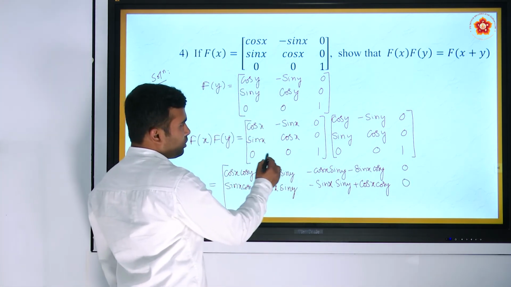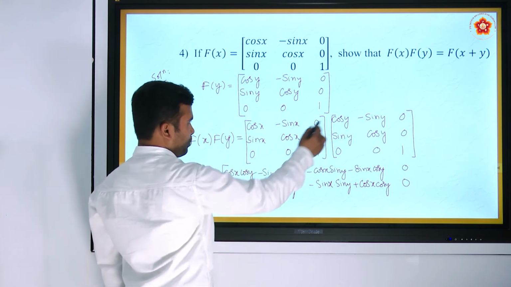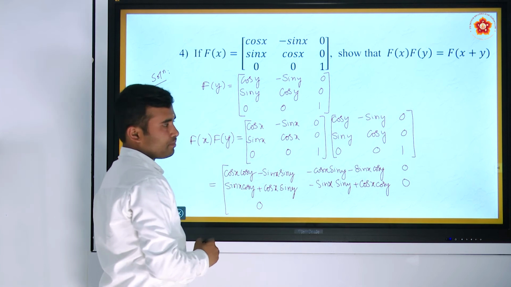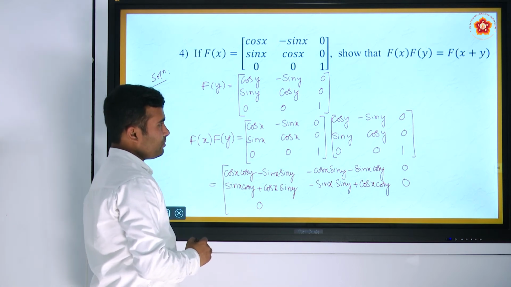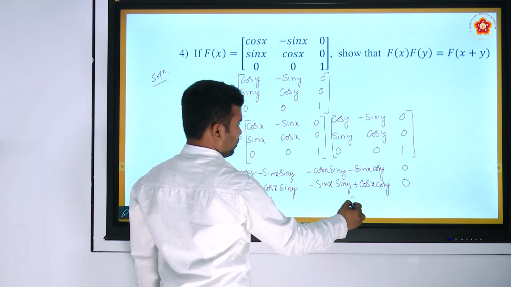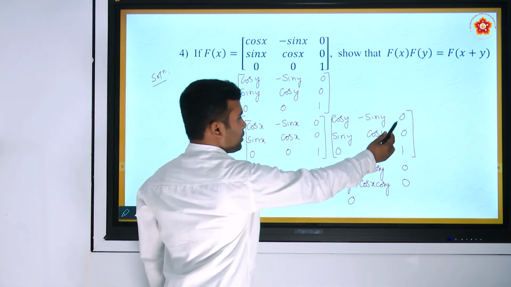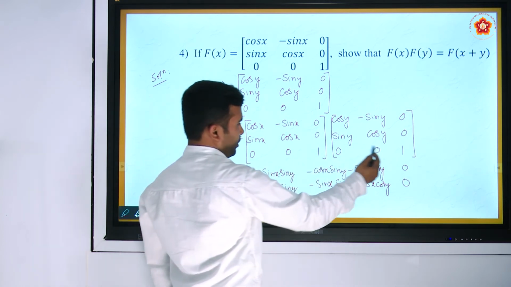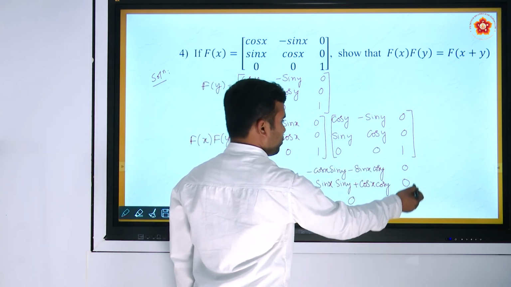And third row into first column, 0 plus 0 plus 0, which is 0. Then 0 into 0 plus 0 into 0 plus 1 into 1. 0 plus 0 plus 1 is 1.